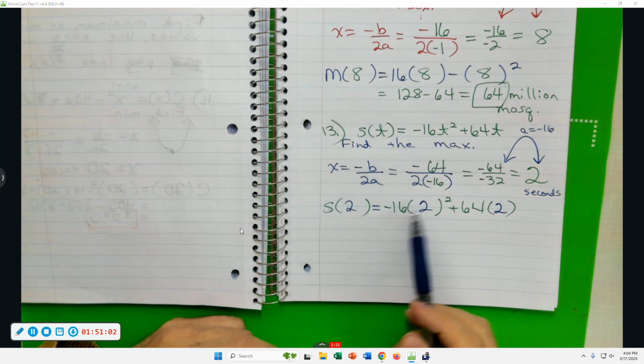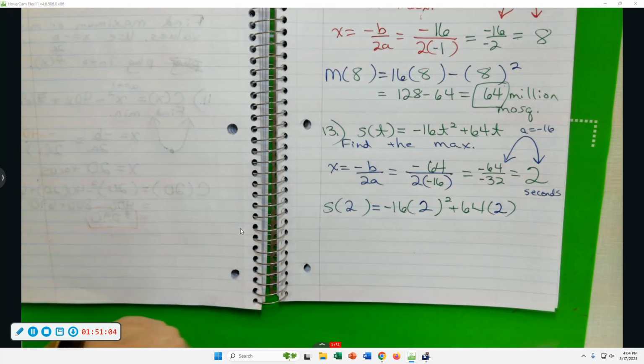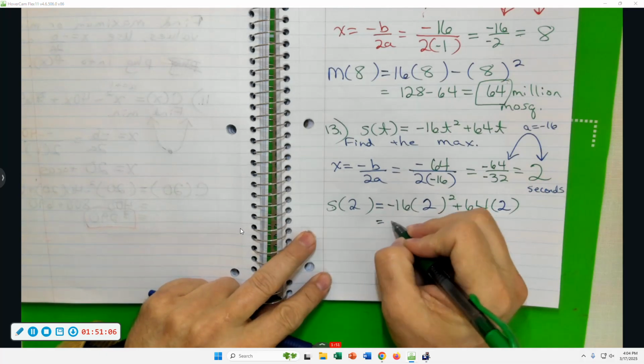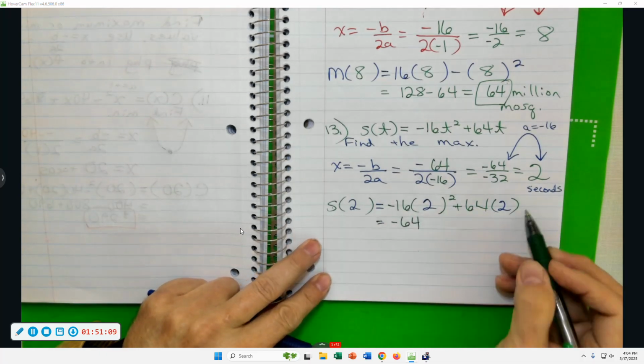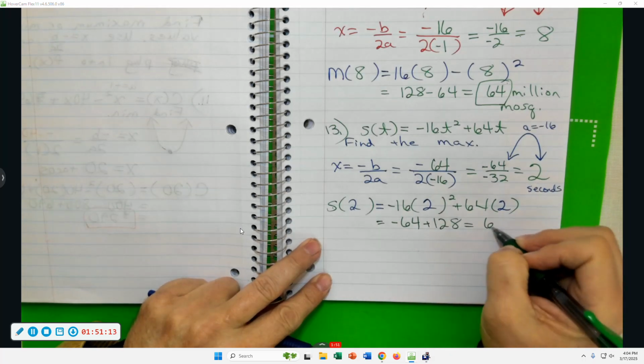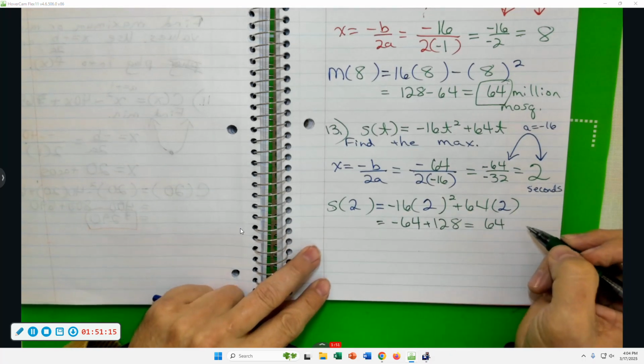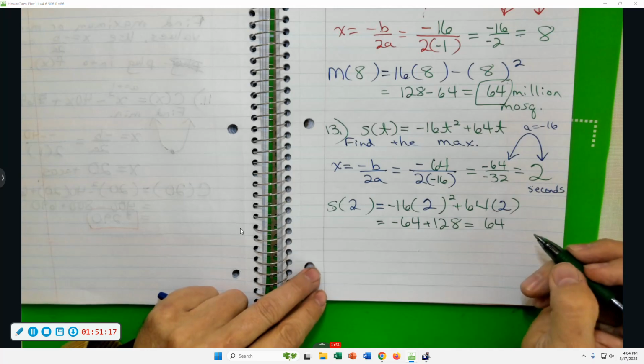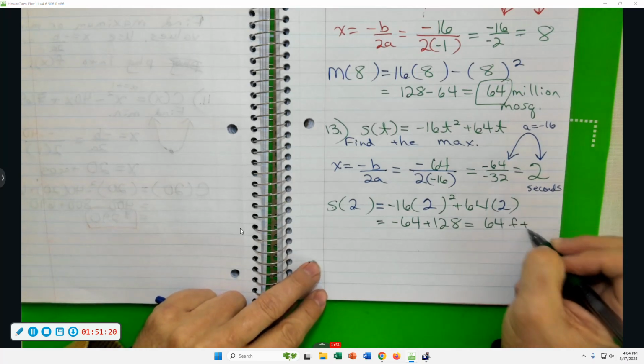That's a 4. Negative 16 times 4 is negative 64, plus 128. I'm getting a total of positive 64. Was it feet? I think it was feet.